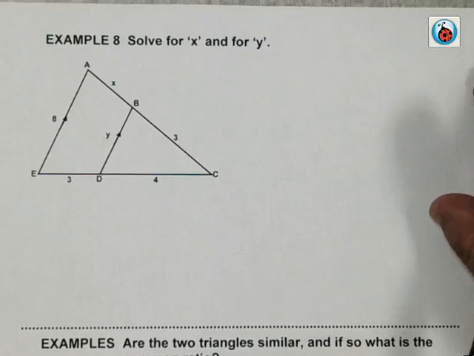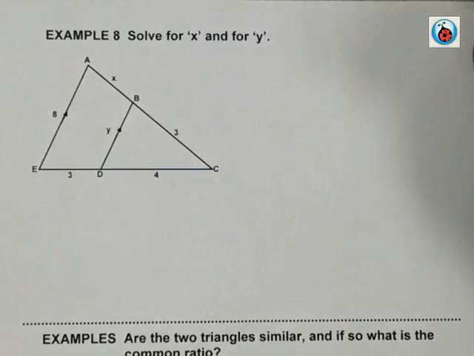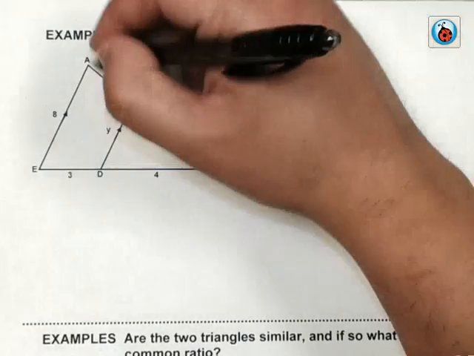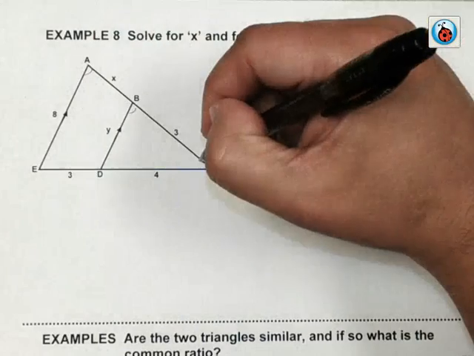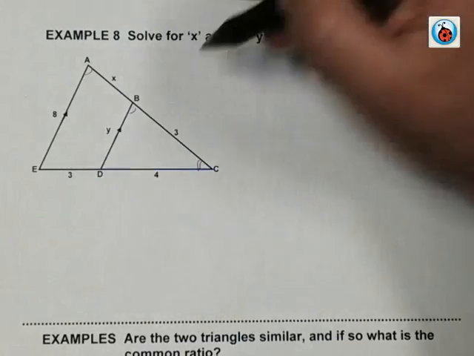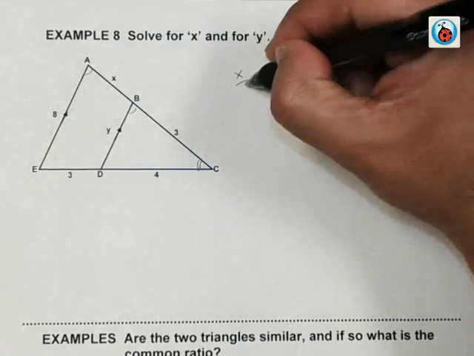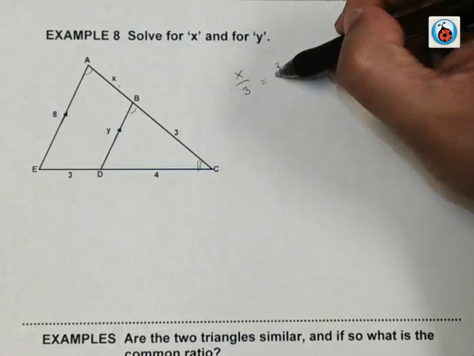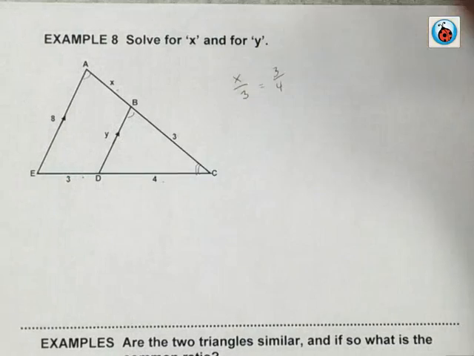All right, for this next example, we need to solve for x and y. Since these are parallel, that's going to give me those corresponding angles, which would be congruent. And then they would share this angle C right here. So I know these two triangles are similar. To solve for x, I'm going to set this up as a proportion where x is to 3 as 3 is to 4.